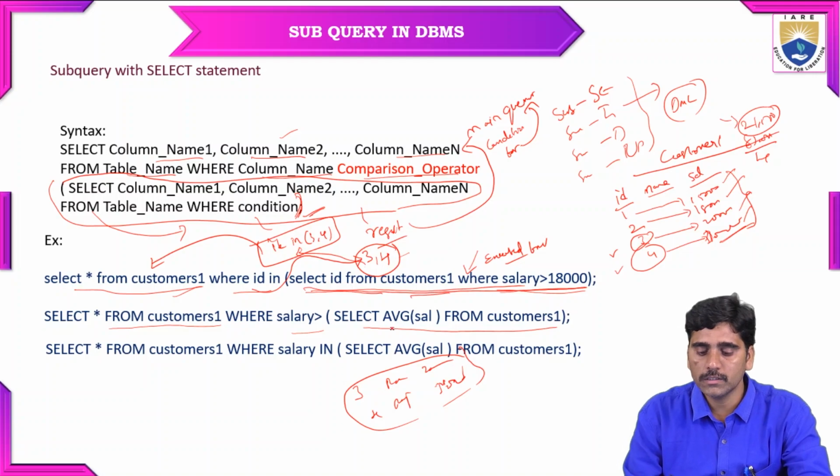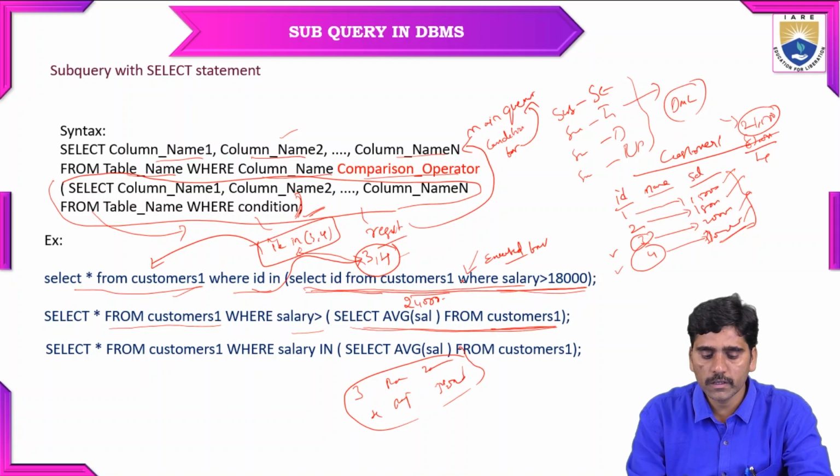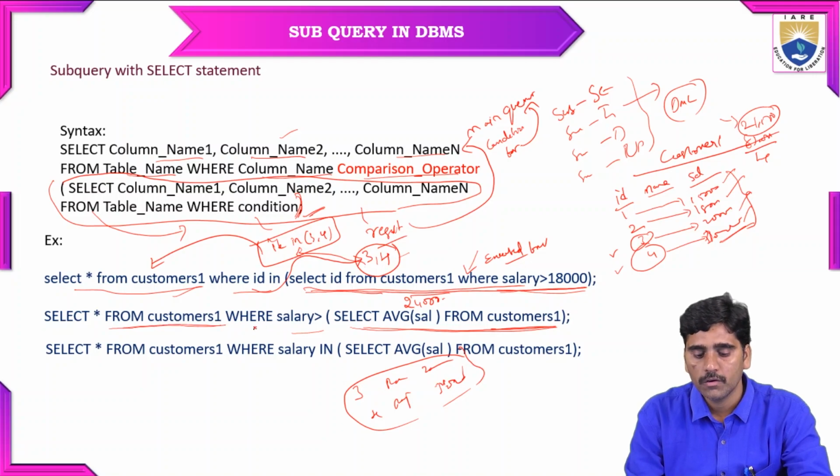So on this condition, select average of salary from customer 1. What is the average salary here? Approximately 21,000. Now this will be the condition for the main query. Select star from customer 1 where salary greater than 24,000.